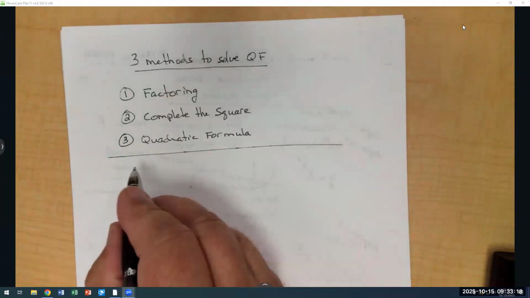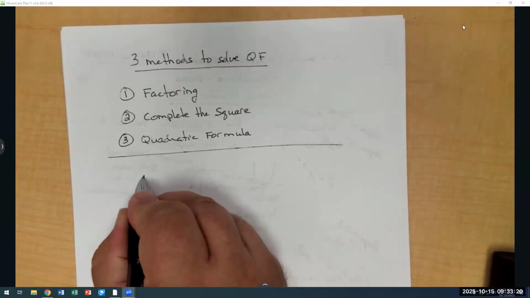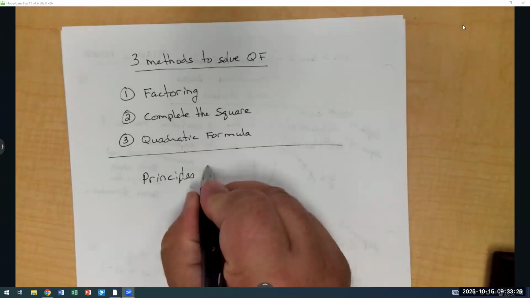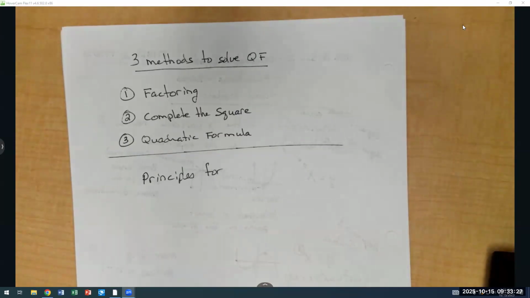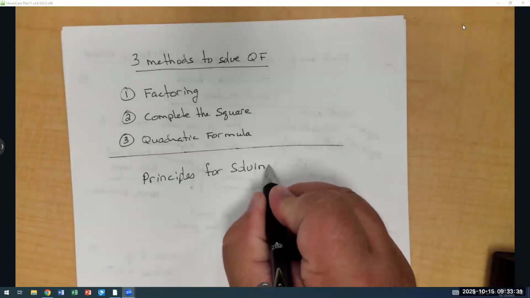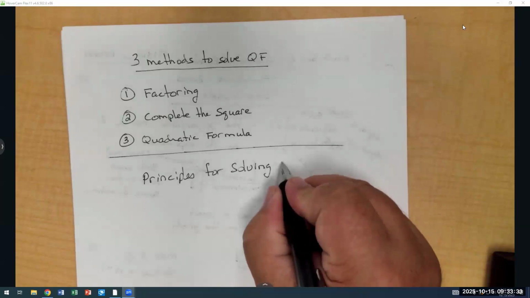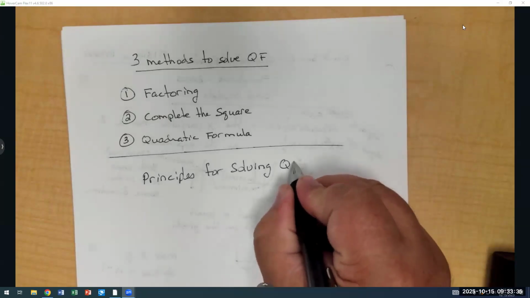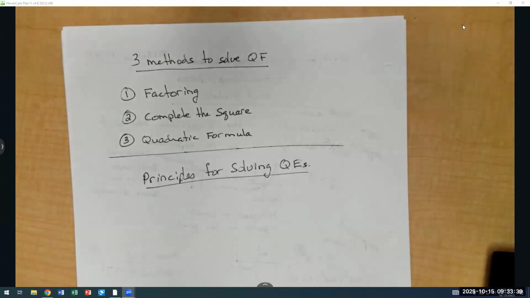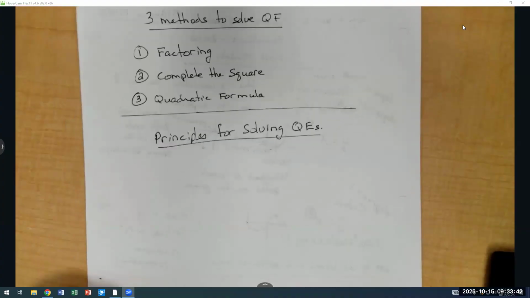To use these, we have two principles. Principles for solving quadratic equations.